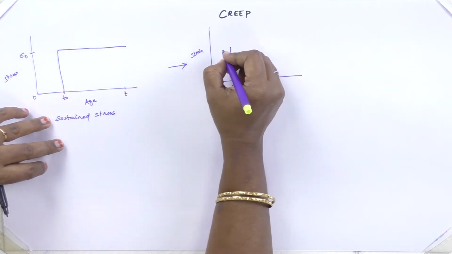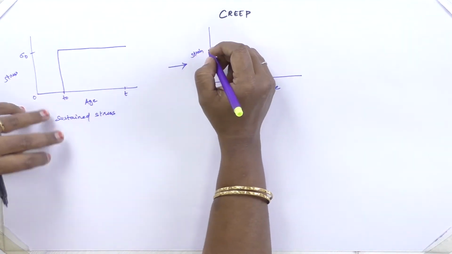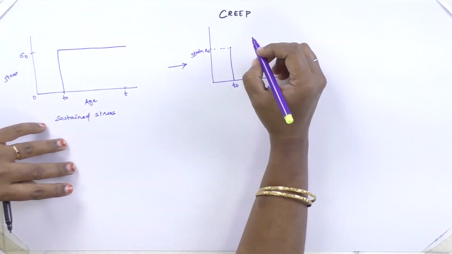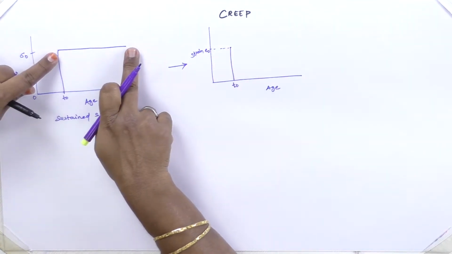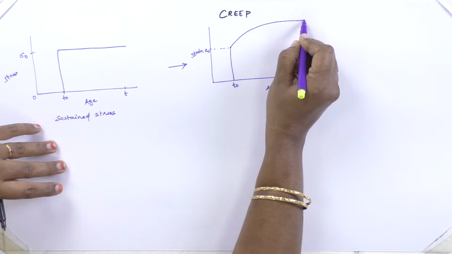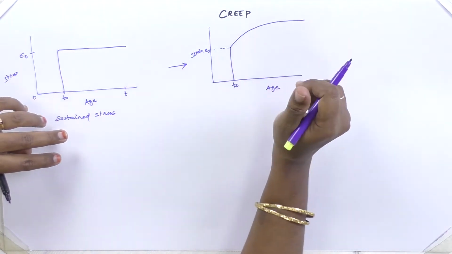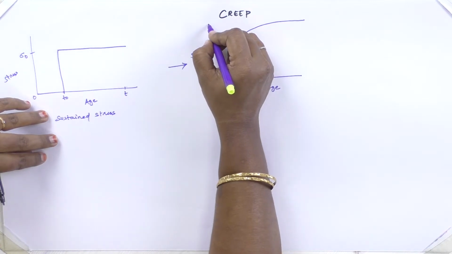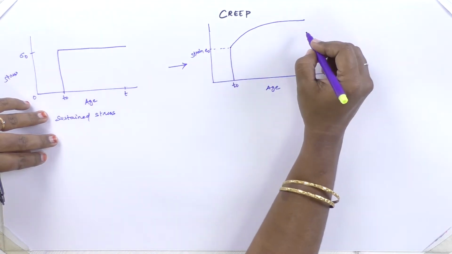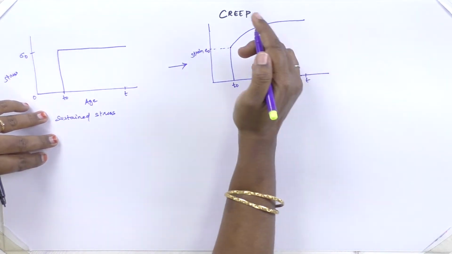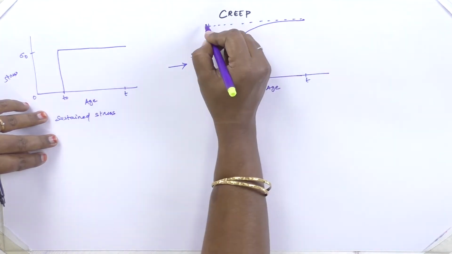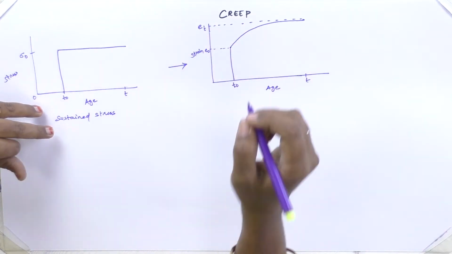And this is E0. During that sustained loading period my strain value changes like this. That is, at time T my strain value is ET.